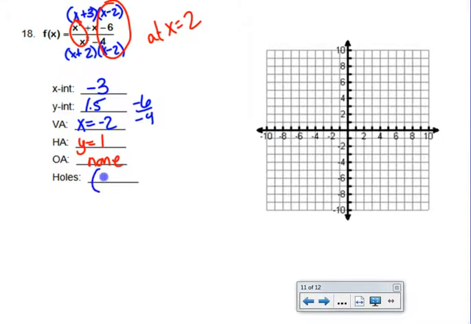I know the x value of the hole's location is at 2. To find the other part of the ordered pair, the y value, you would do just what you think. You would substitute in 2 into the function. So, I just erased part of it. Goodness. Try again.